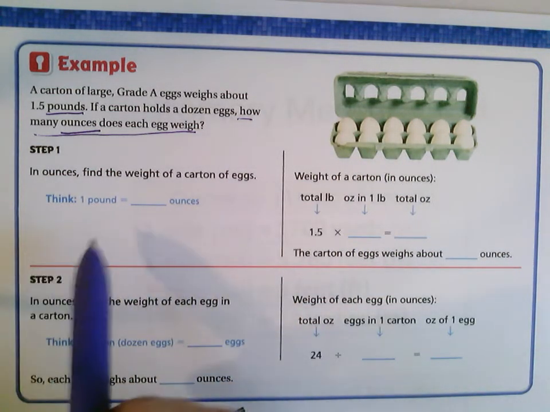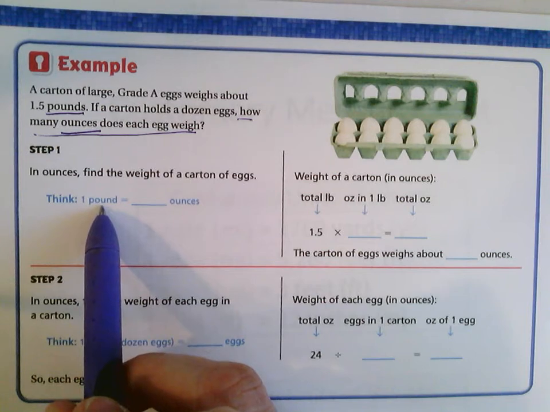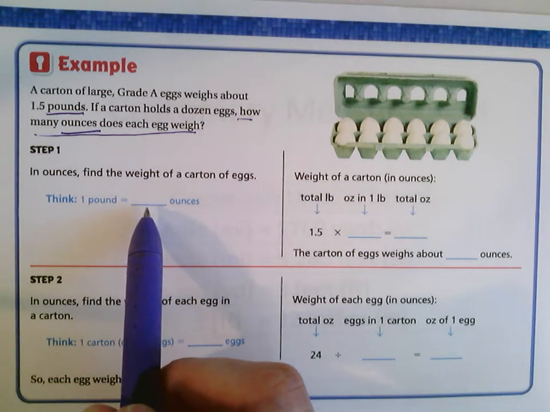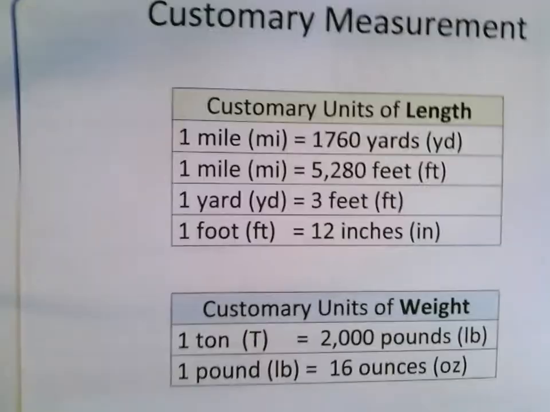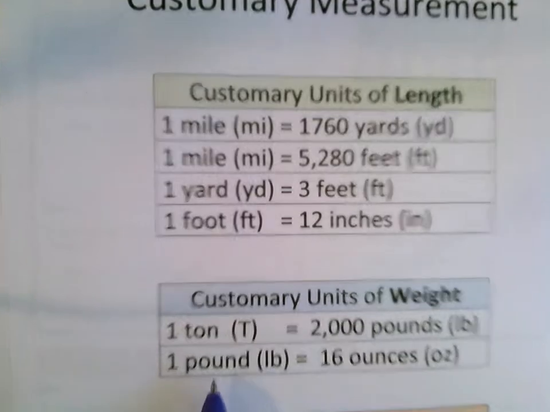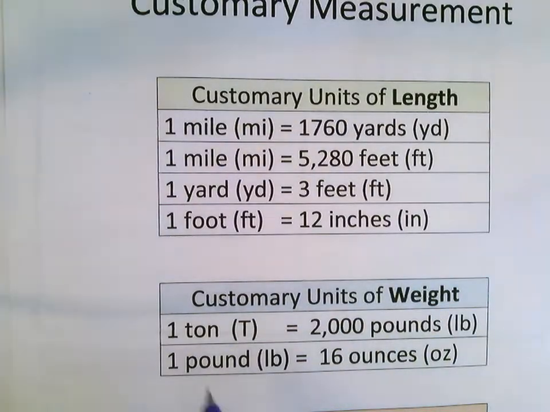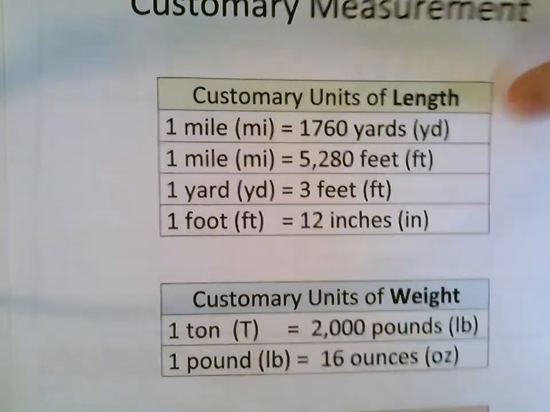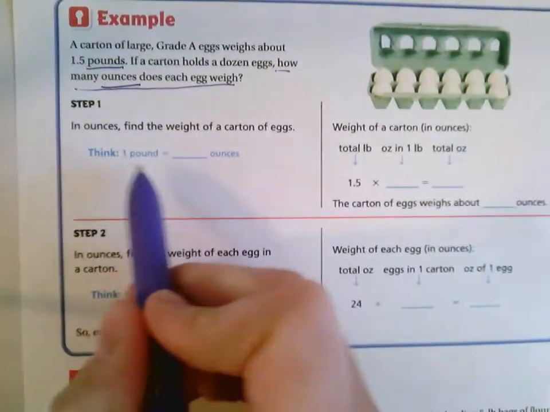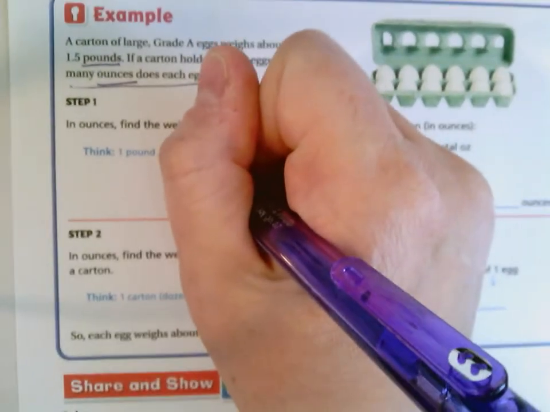So I need to think to myself, 1 pound is how many ounces? And we can use our chart to double check that 1 pound is 16 ounces.